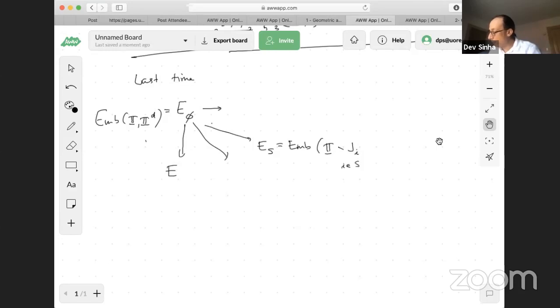I'm going to punch out the union, sorry. And I'm going to embed that. And once again, the main point was that this was a configuration space of some number of points in the box, which is the same as Euclidean space.